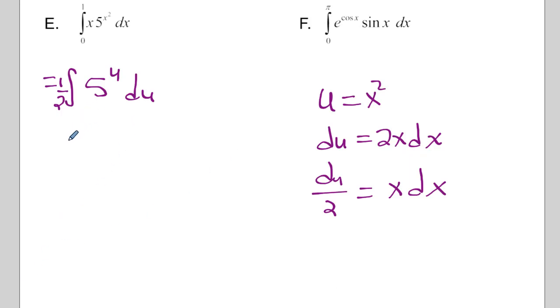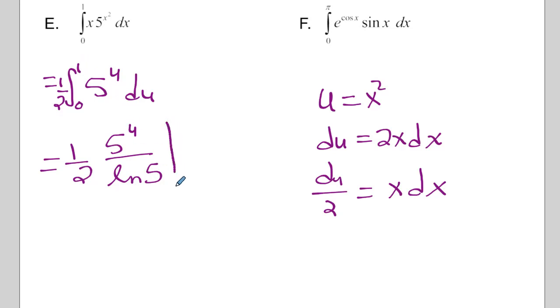So this is going to be 1/2 times a to the u over the natural log of 5, okay? All right, if we go back and look at our limits, we had 0, and so we're still going to have 0, because 0 squared is 0, and then we're still going to have 1, because 1 squared is 1.